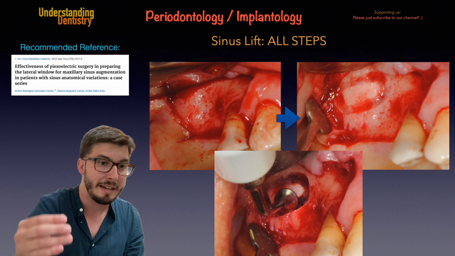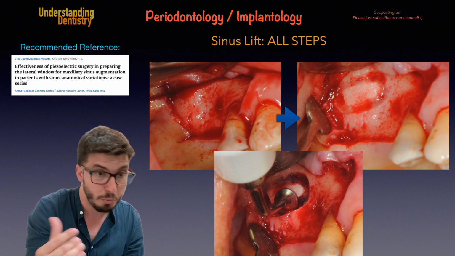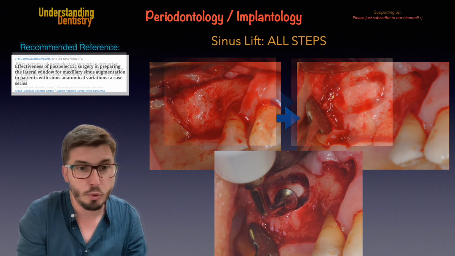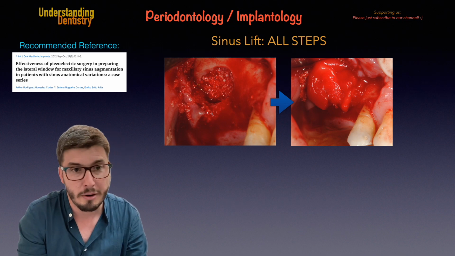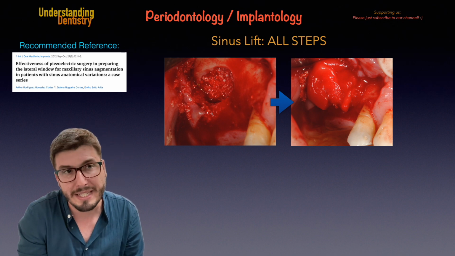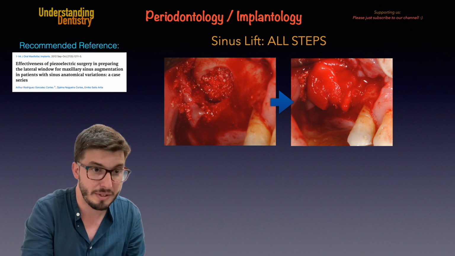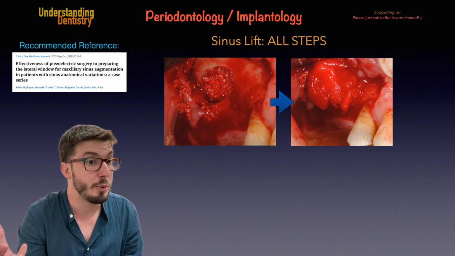Mesiodistally as well, you should do that throughout the area that you planned, so this is very important. And then you would be able to insert the grafting material into this window. Of course, you need to understand that this material should be packed in the direction of the sinus floor, especially at the beginning, and which material we can use.